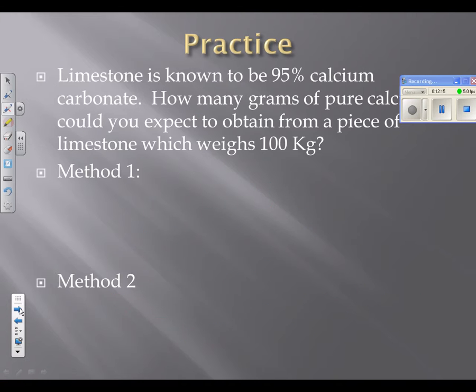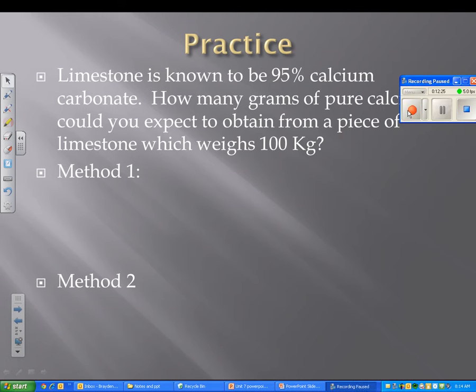Keep on going. This is a very similar problem: 95% calcium carbonate. How many grams of pure calcium can we get from a 100 kilogram sample? So once again, I'm not going to do dimensional analysis for you, but what should stick out is kilograms right here in your question, and it's asking for grams, so you've got to convert that, but we'll do that in a bit.